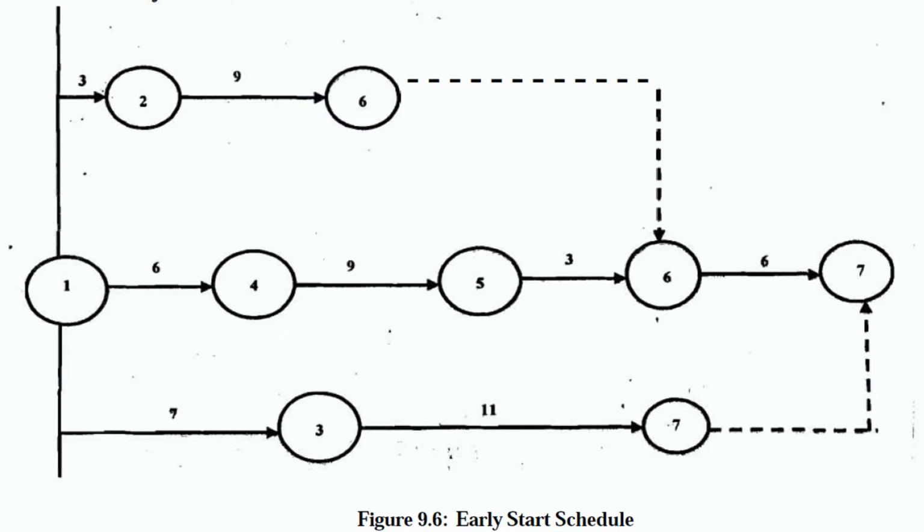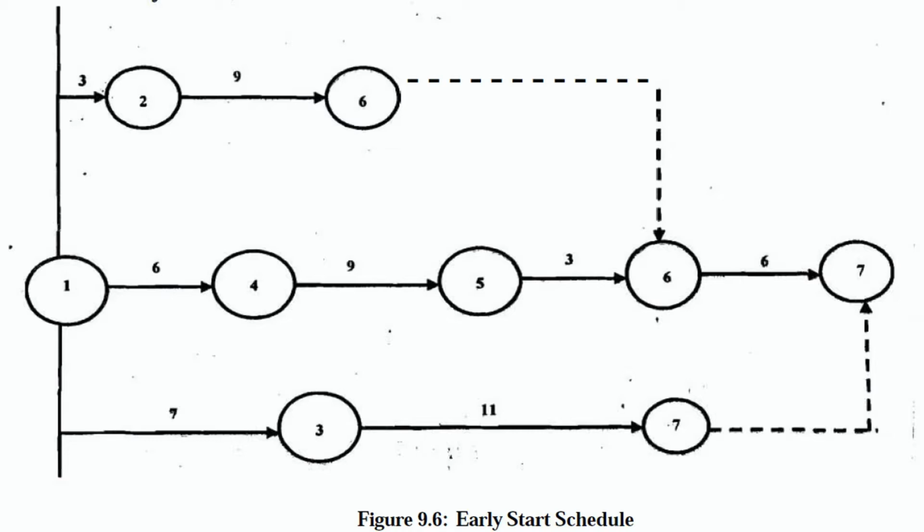So this is the early start schedule, showing at what point of time a particular activity will get completed and the next activity will start. This is going to govern your project. For example, in 6 weeks time, if I look back at the project, your activity 4 should get completed, and activity 2 should have got completed.